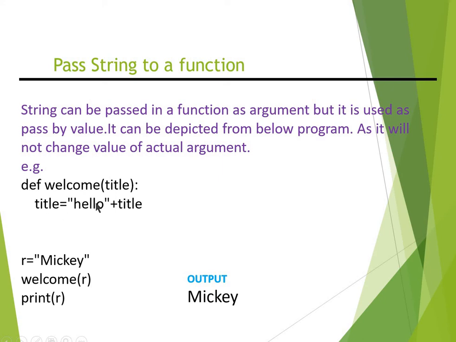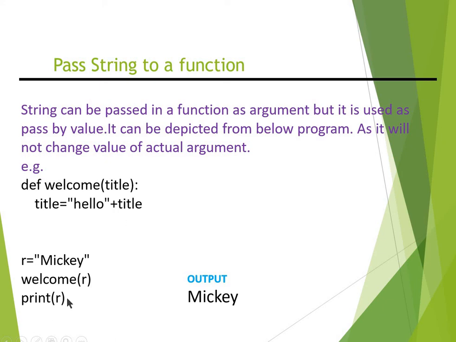Look at the example. def welcome(title): title is equal to hello plus title. This is the main program. r is a string variable storing Mickey. welcome(r), you are calling the function welcome. So instead of title, the value of r will be passed, that is Mickey. So title is equal to hello plus title means hello plus Mickey.